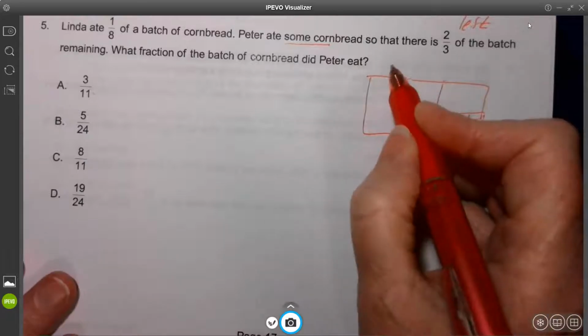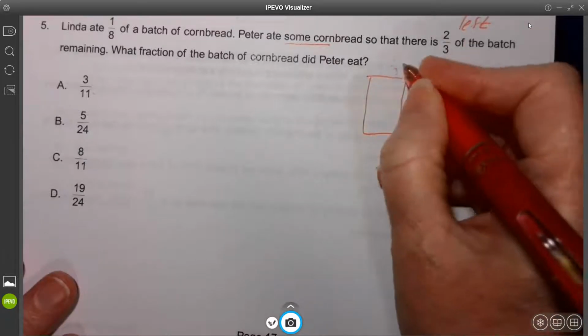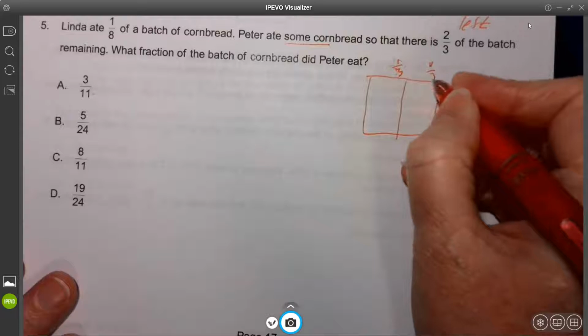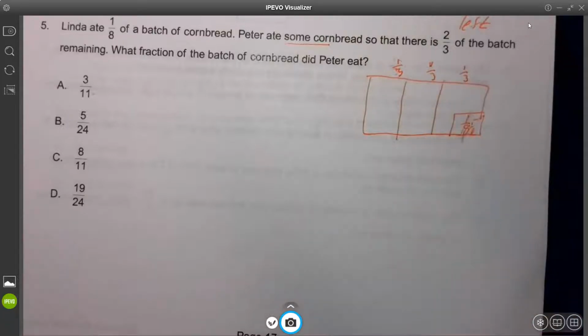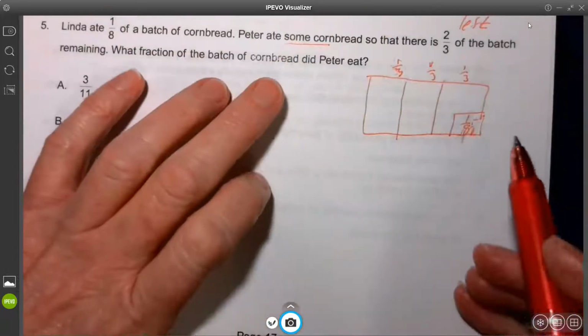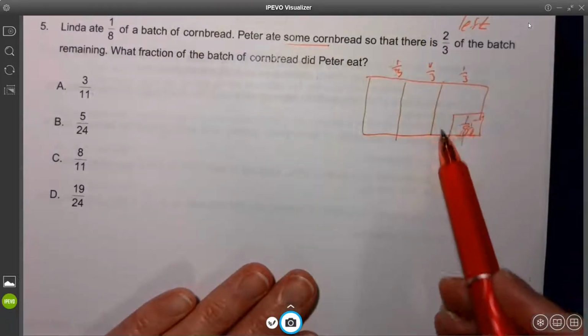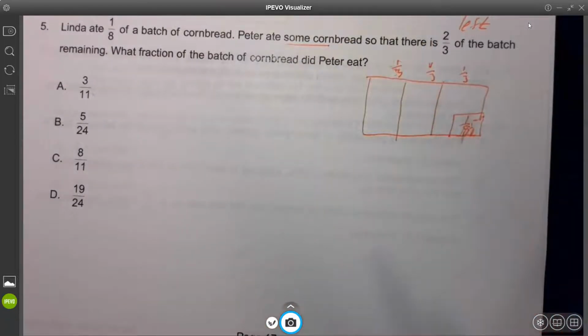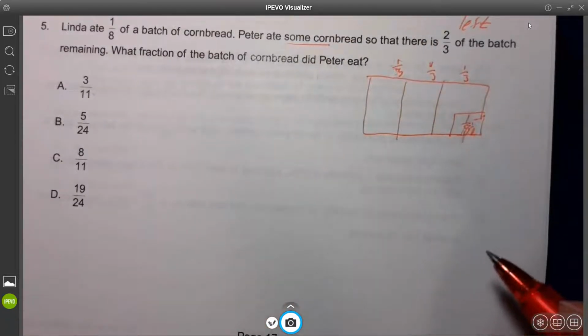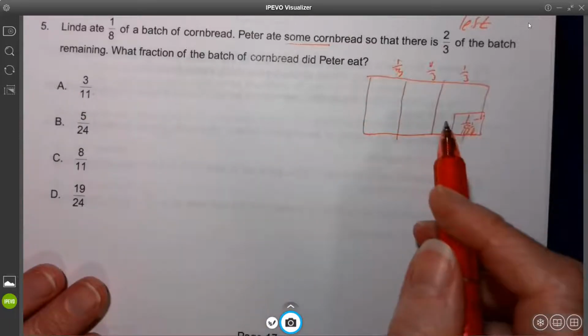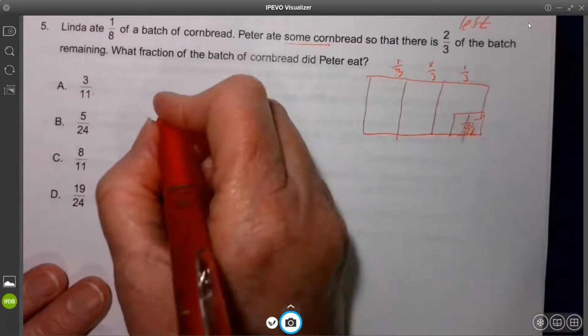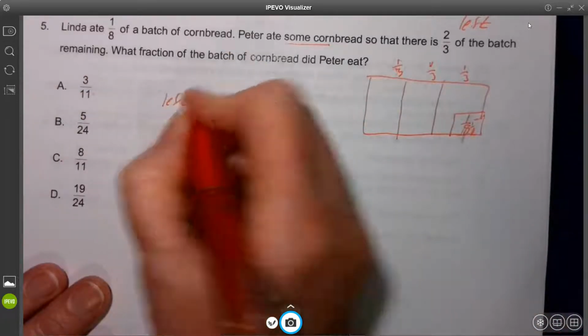So that just kind of gives you, here's 1/3, here's 1/3, and here's 1/3. Okay, so that just kind of gives you a visual picture. He ate some. We don't know how much, but there's 2/3 of it left. So he ate approximately like this stuff right over here, we'll say. Okay? Maybe they didn't eat off the same quarter, but you get the idea. So then what I did is I said, okay, what is left after Linda is done?